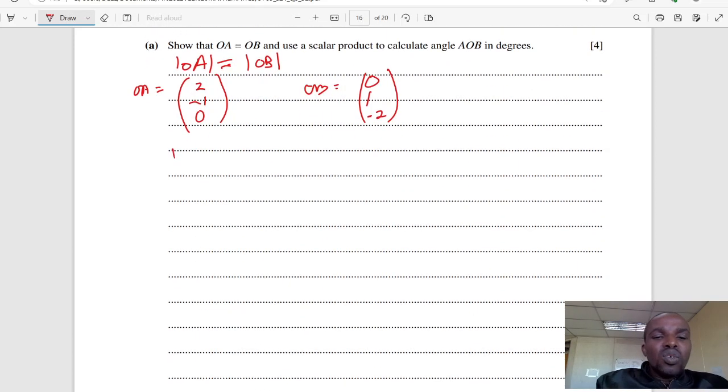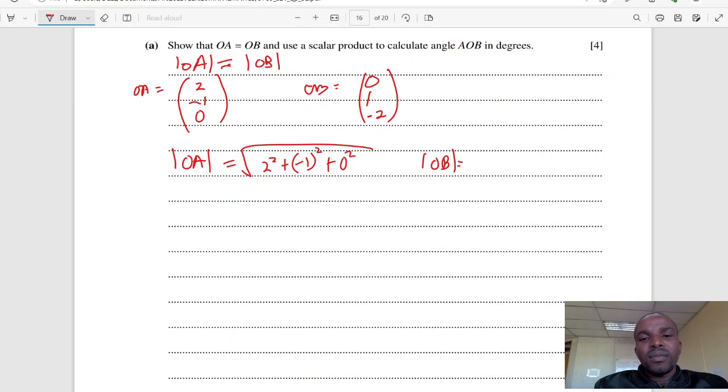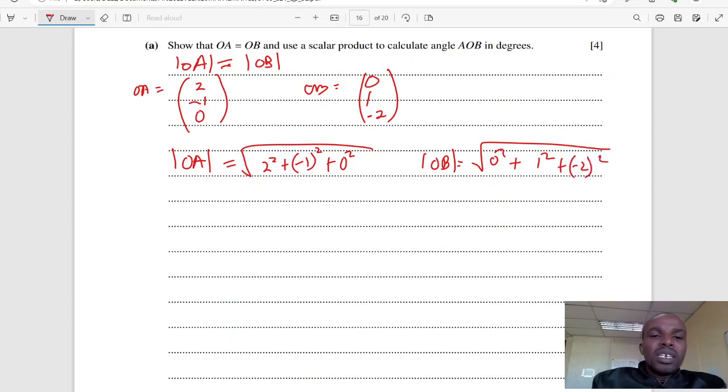So to find the modulus or magnitude, OA is the square root of 2 squared plus minus 1 squared plus 0 squared. OB is the square root of 0 squared plus 1 squared plus negative 2 squared. Simplifying this part, you get root 5. This side, you also get root 5. So root 5 equals root 5. Therefore, OA equals OB.